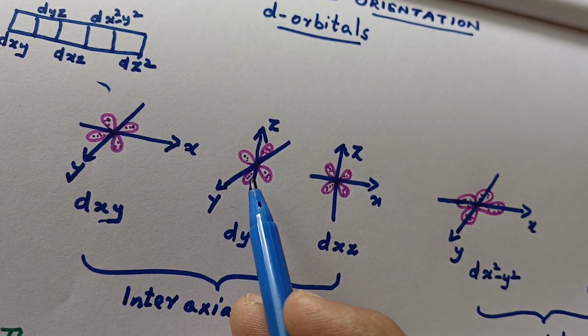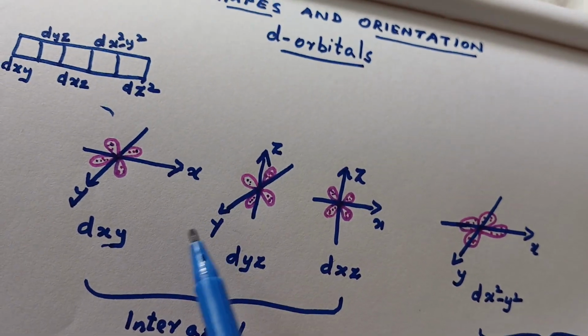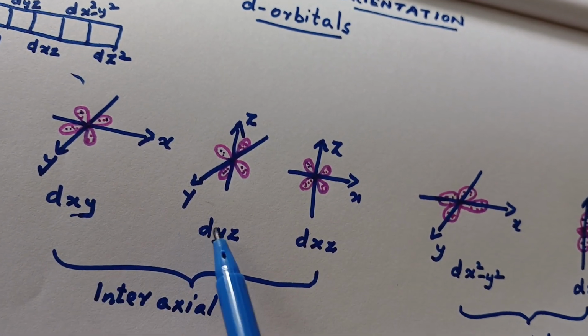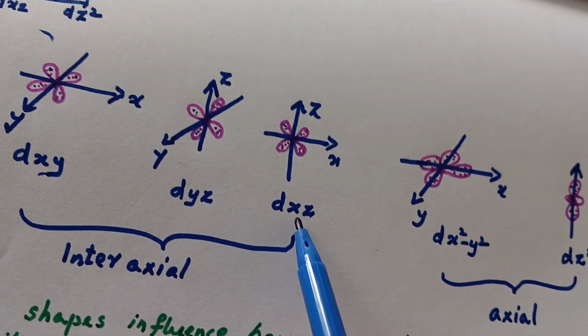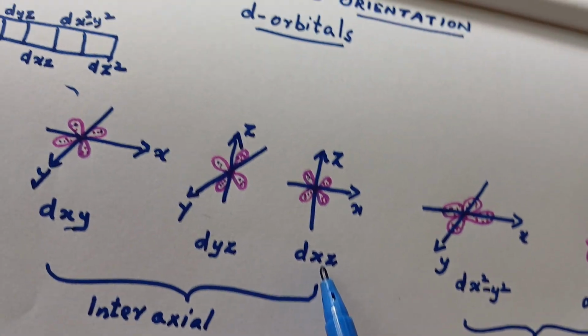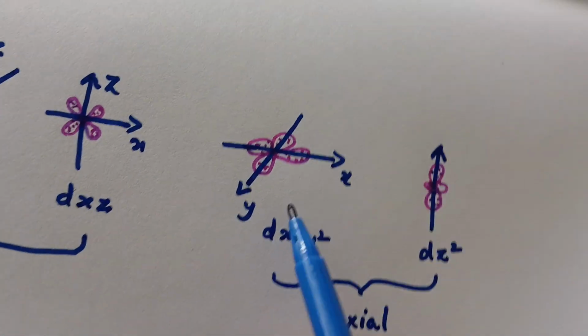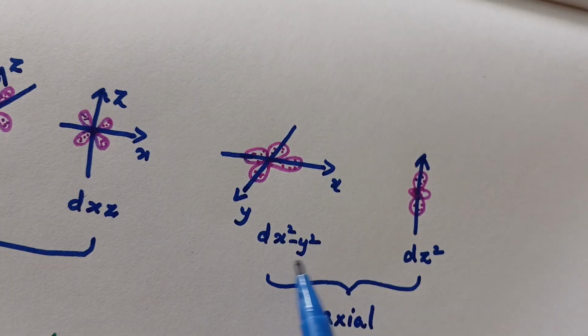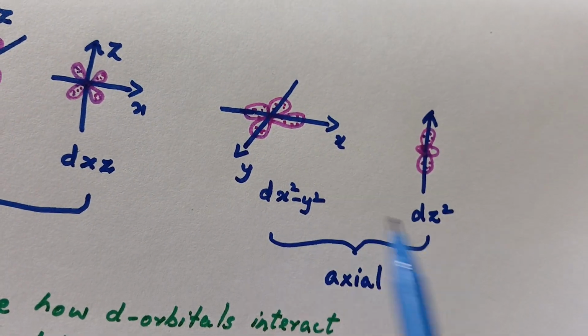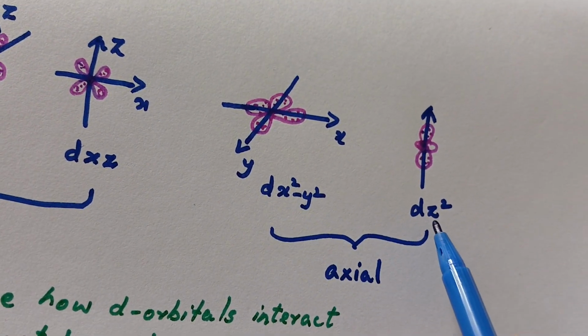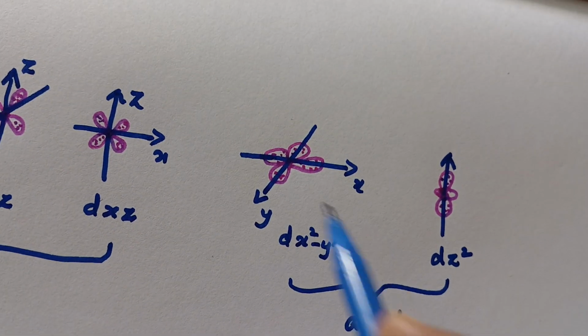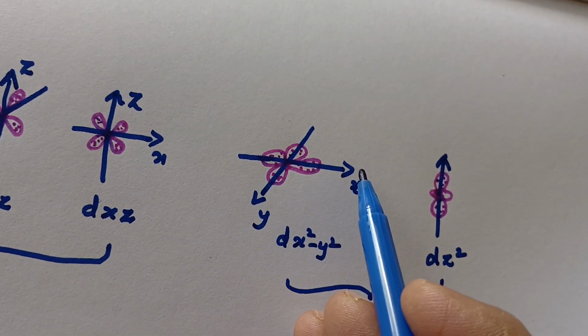That is, they lie between the axis: between x and y axis, between y and z axis, between x and z axis. Now, the other two orbitals, dx square minus y square and dz square, lie along the axis.